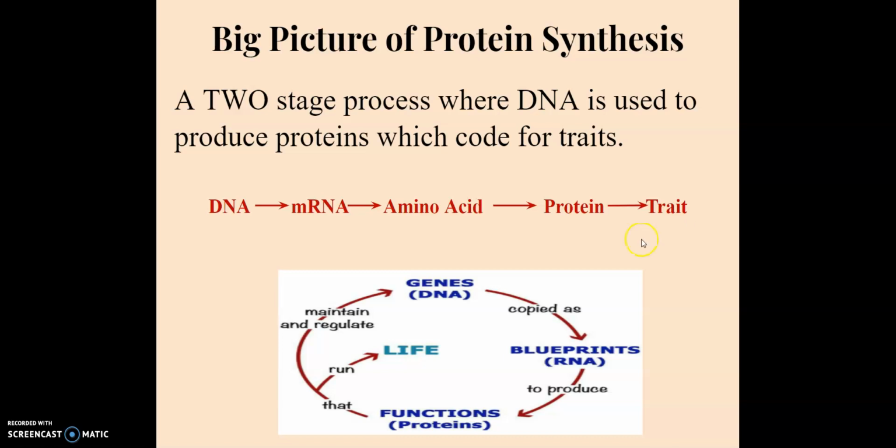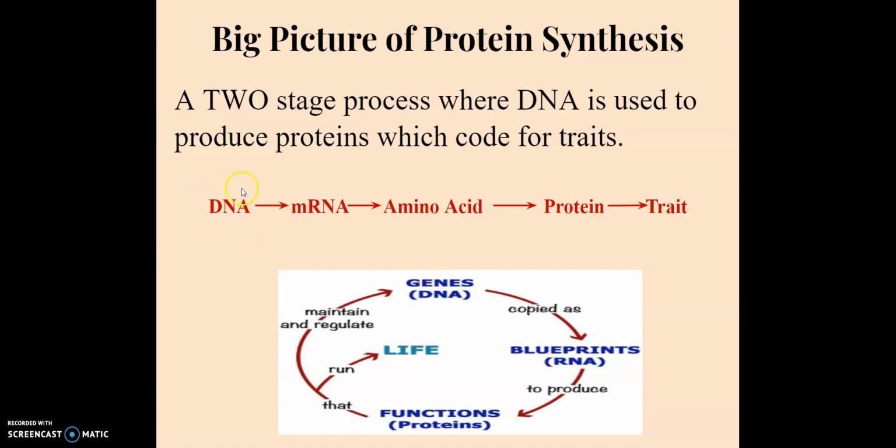So an example here. In your DNA, you might have a trait or a gene, the instructions to have brown eyes. So the DNA is going to have instructions to create a protein that's going to cause your eyes to become brown.